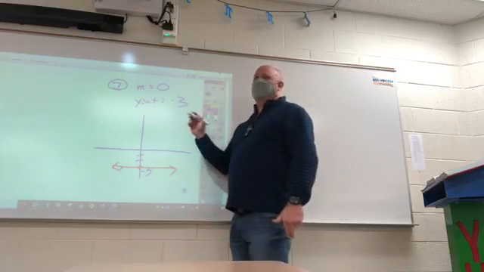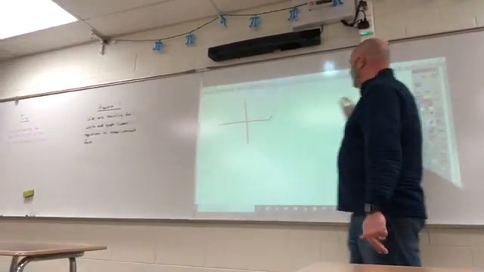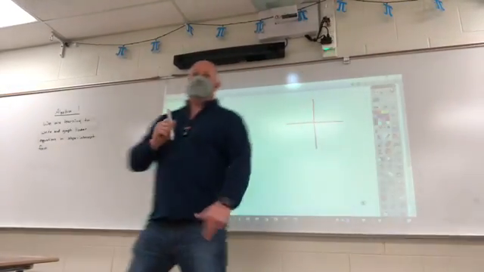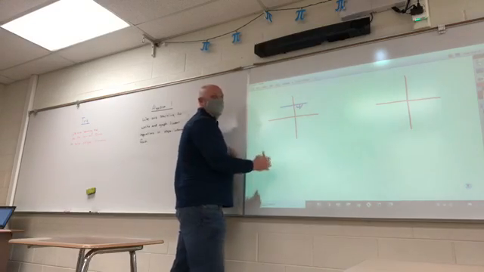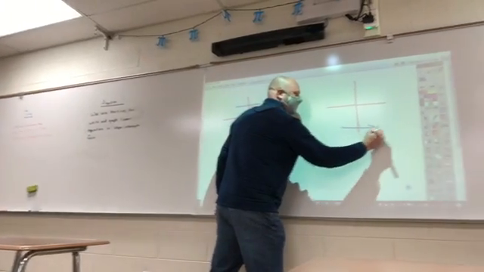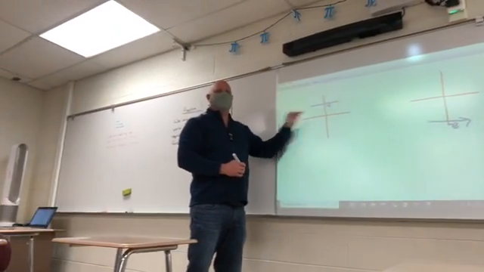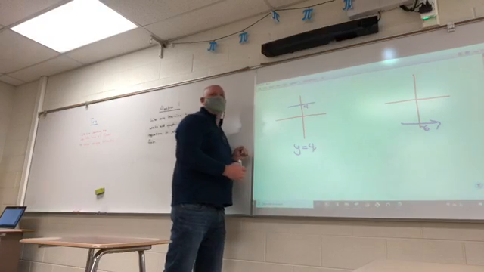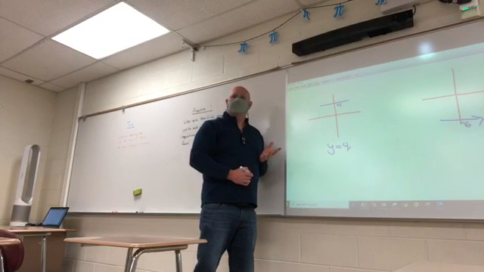All lines that are horizontal, when you graph them. So if you have this line that goes through 4, and this line that goes through negative 6, the equation of this line is y equals 4. Where's the slope?